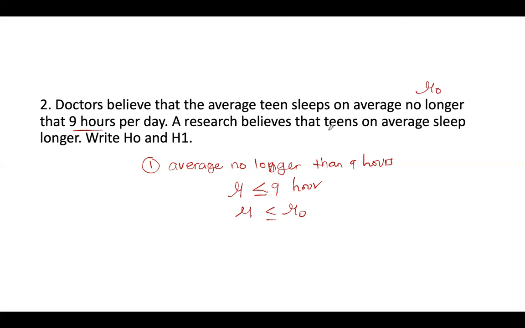And then the research believes that the teen's average sleep is longer than 9 hours. So the second claim is that the average sleep is longer than the number. What we see here is that we have to check the equality and the inequality. We see that the equality is in this one.